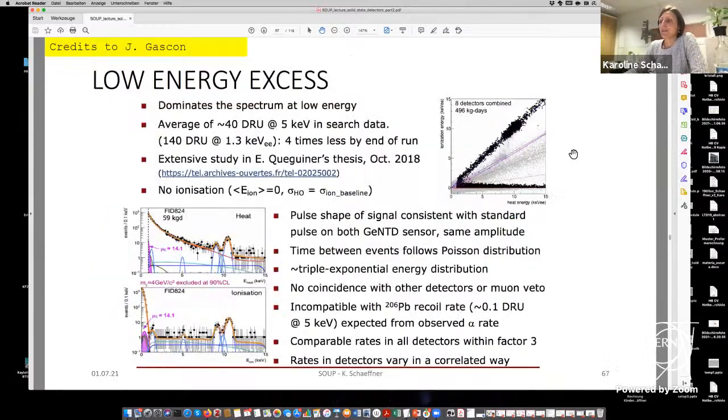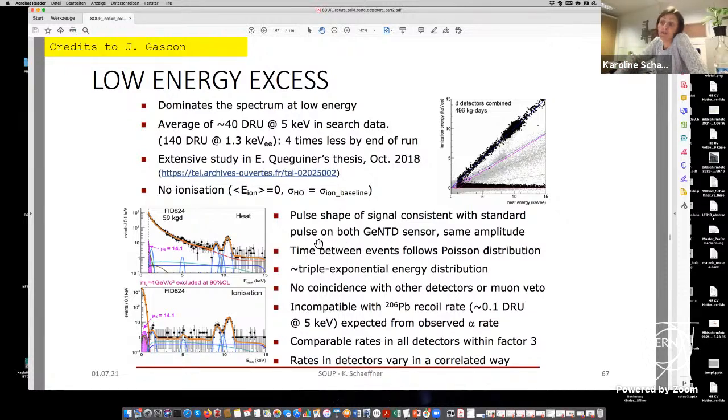And so they, like CRESST, also observe this excess. So there are events which appear going close to threshold, which have quite a high count rate. They are also decaying. So this is also true for CRESST. They have some kind of time distribution, which however doesn't fit to any of these known radioactive decays that are present in such searches due to the materials that one uses.